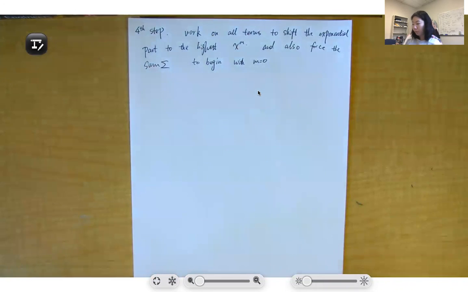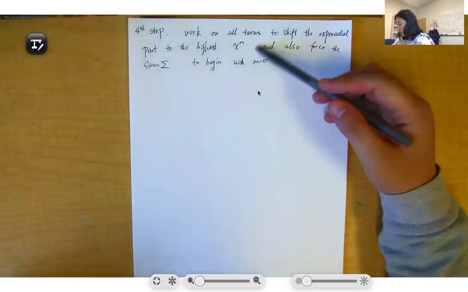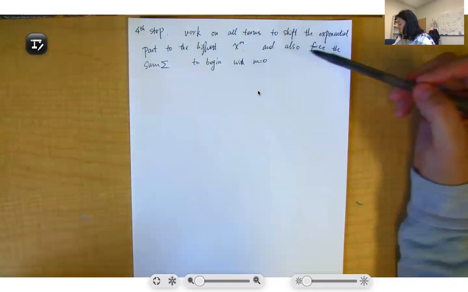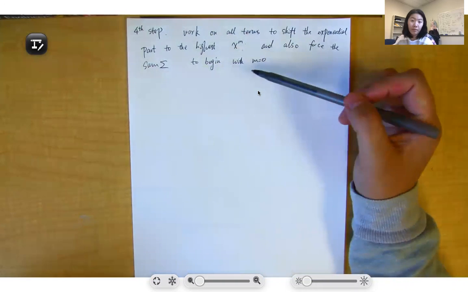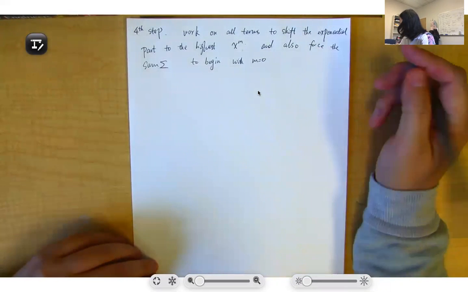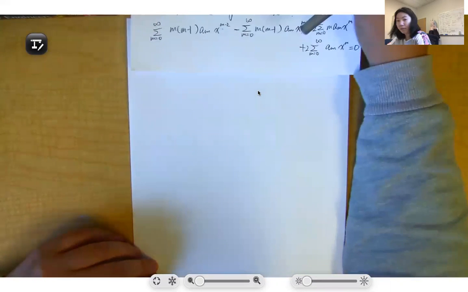Because we have some terms where the exponential part is not x to the m, we need to shift those terms, and at the same time we want to force the sum part to all begin with m equals to 0, okay? And how we do that? The previous equations we have, okay, we have this one.